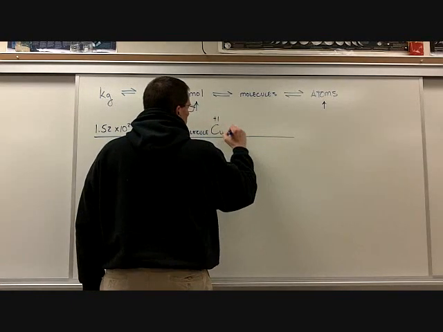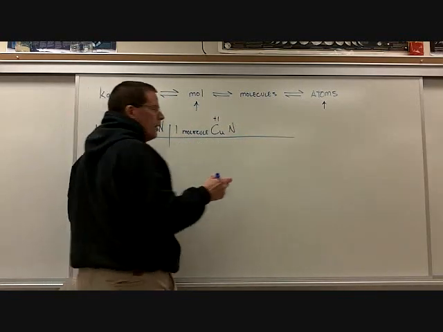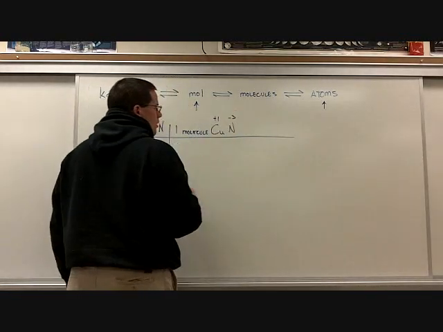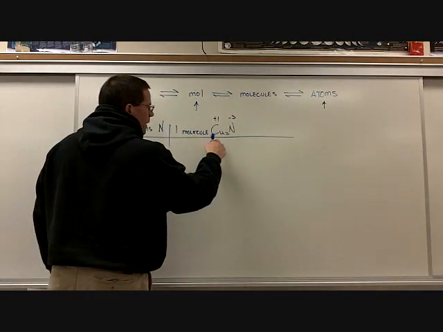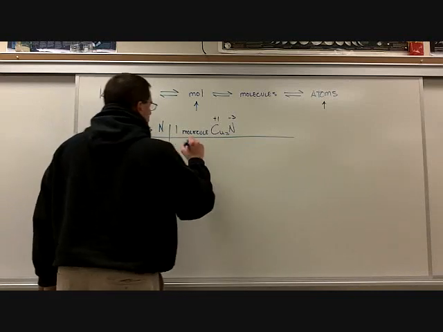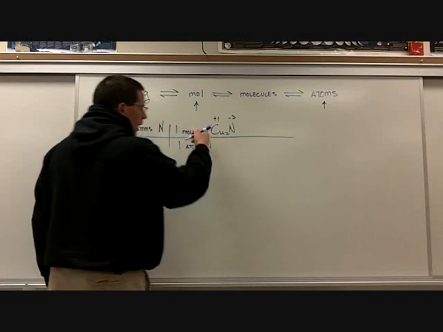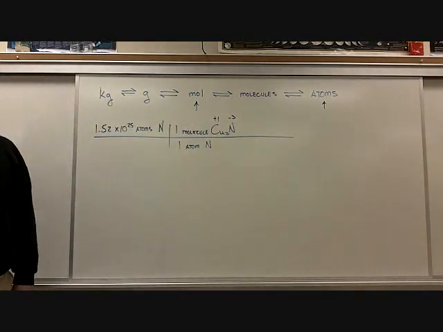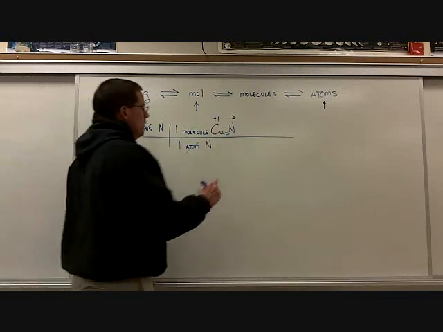Copper with a +1, nitrogen, nitride, IDE, so it's an element, has a -3 charge. Means we need 3 of those. So in 1 molecule of copper 1 nitride, how many atoms are there of nitrogen? Correct, there's 1. There's 1 atom of nitrogen in every molecule of copper nitride. The unit atoms cancel off.